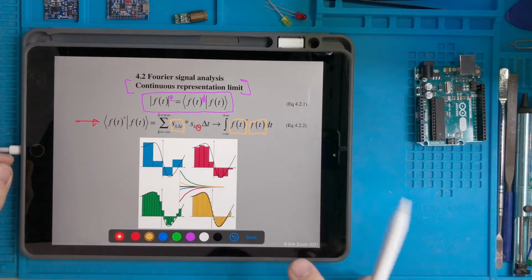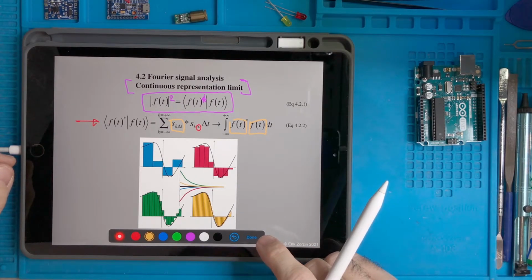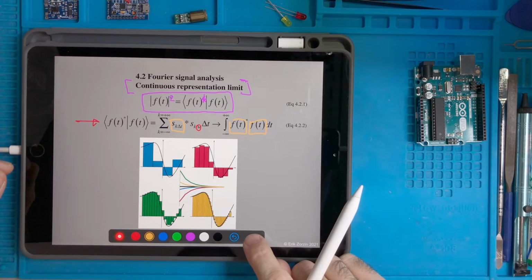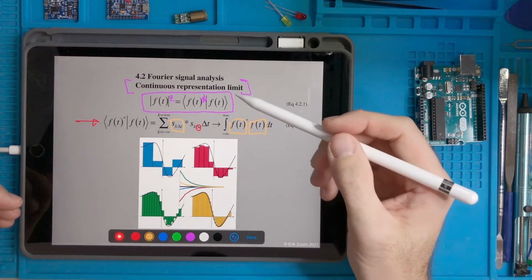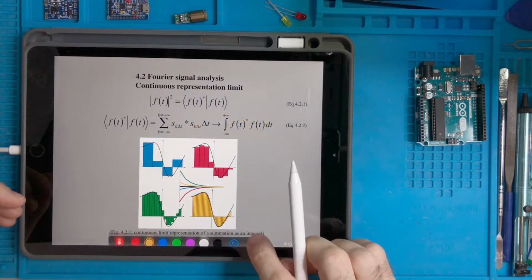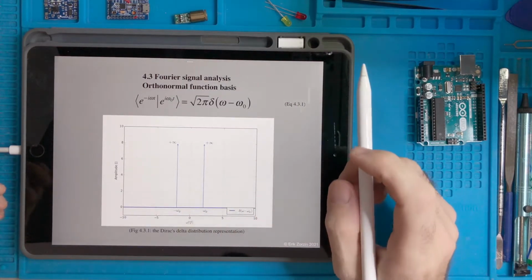So we consider this type of integral for continuous functions as the extension of the magnitude of the function, with this idea of vectors in mind.